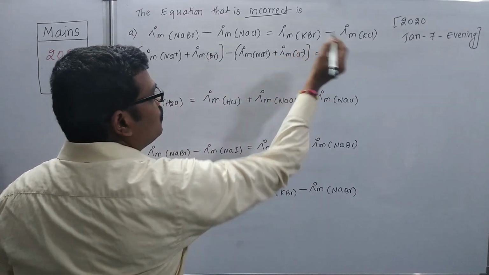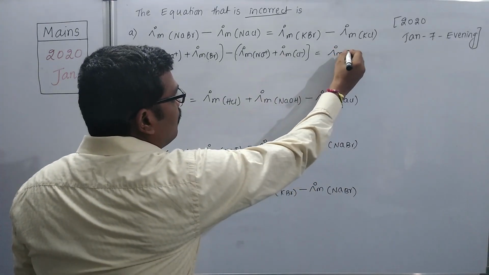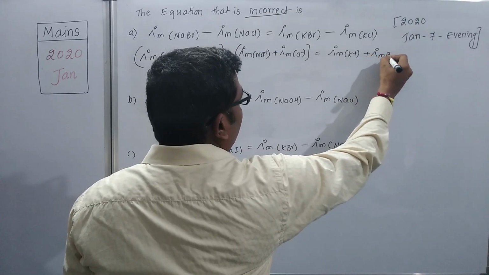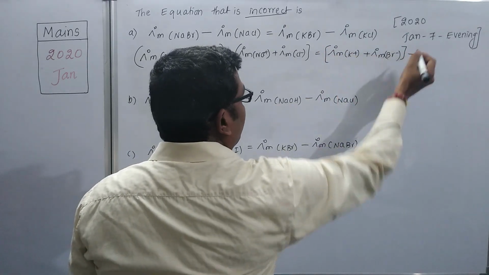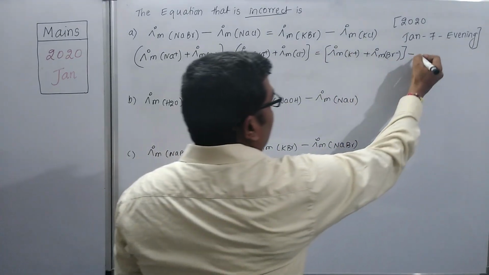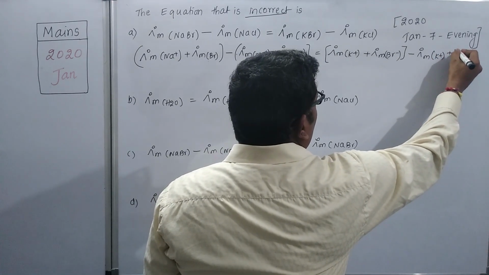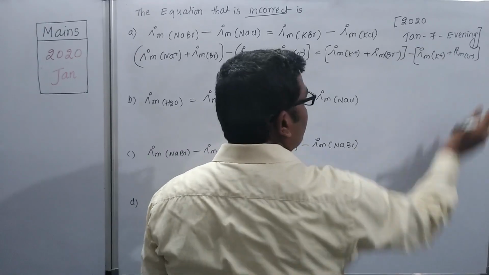It should be equal to lambda naught M of K+ plus lambda naught M of Br-, minus lambda naught M of K+ plus lambda naught M of Cl-.